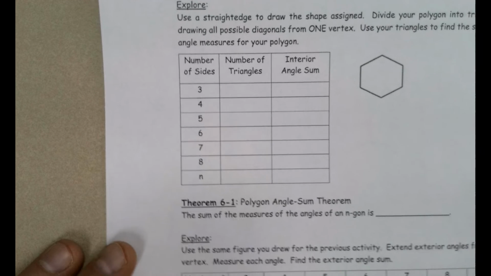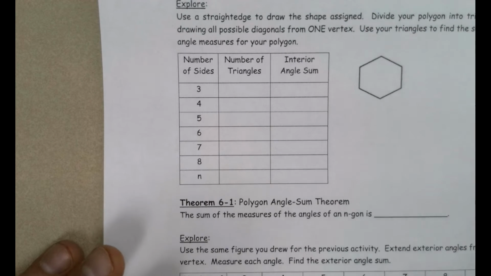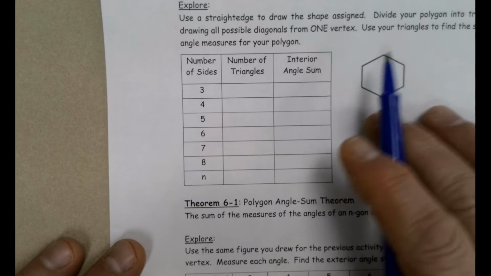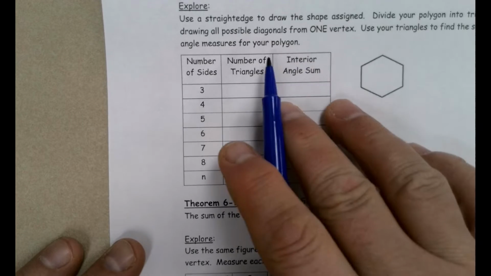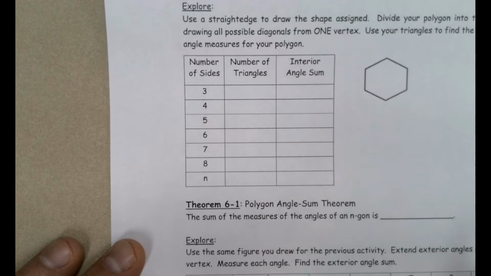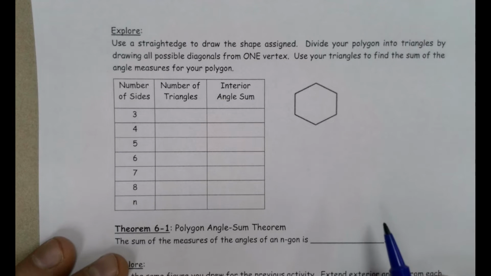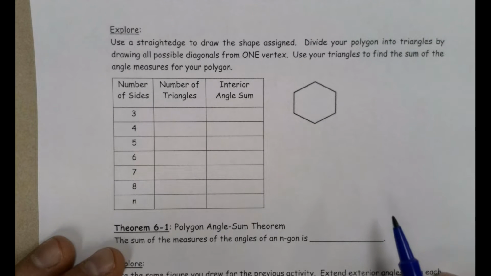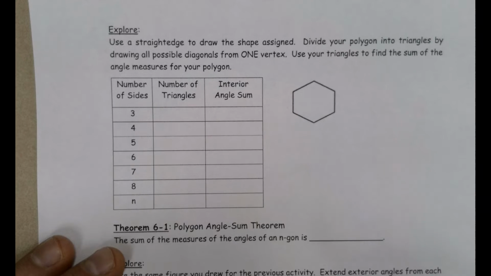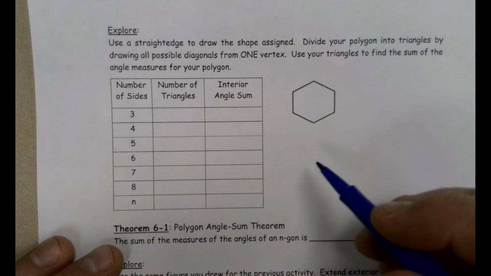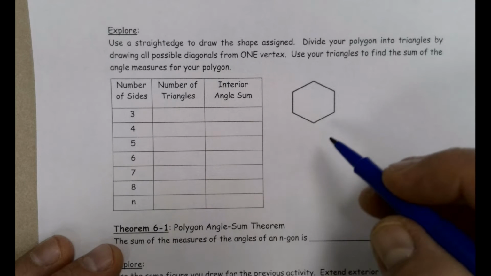It says use the straight edge to draw the shape assigned. Divide your polygon into triangles by drawing all possible diagonals from one vertex. Not going to have you do that. We're going to do this together instead. It says use your triangles to find the sum of the angle measures for your polygon. So a triangle.